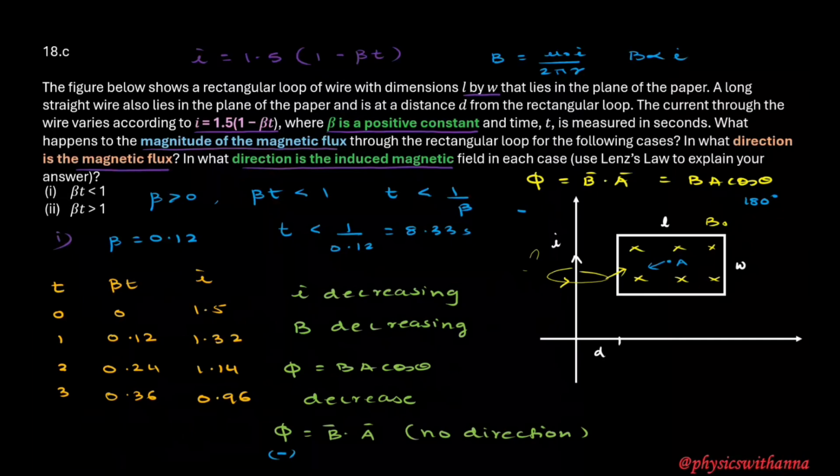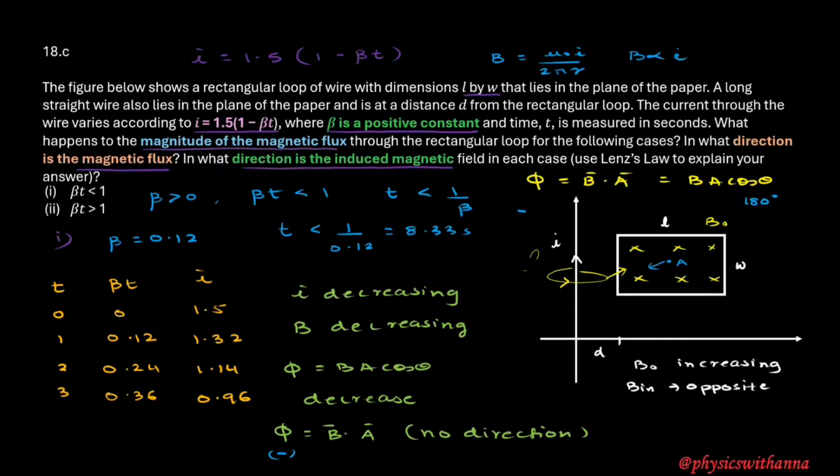Next, we have in what direction is the induced magnetic field. Now, according to Lenz's law, induced magnetic field opposes the change in magnetic flux. And how do you determine the direction of this induced magnetic field? If your original field is increasing, you induce the magnetic field in the opposite direction.